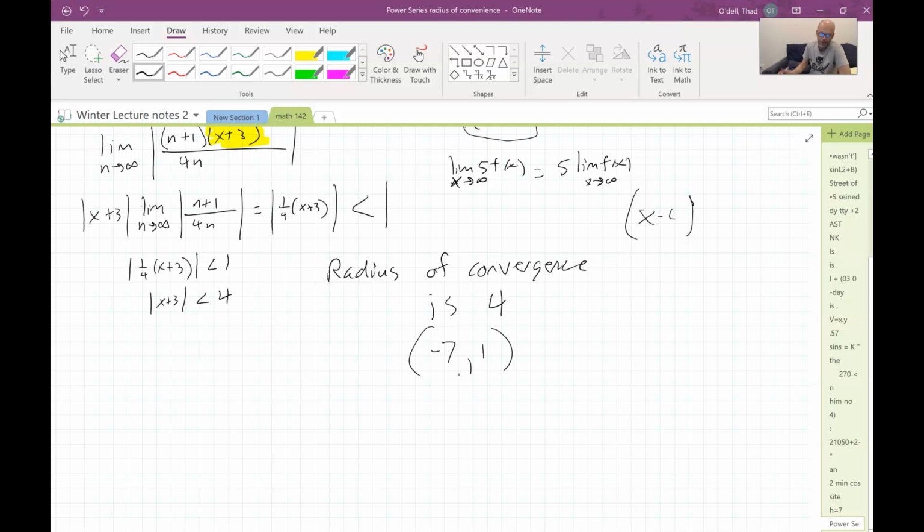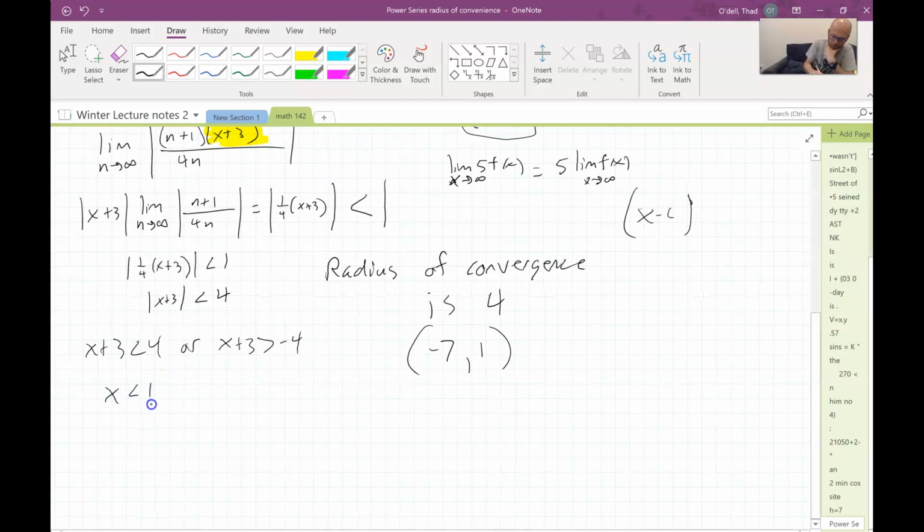Okay? Now, notice if you solve this inequality, you'll get that same answer. Because remember, the way we solve absolute value inequalities is we say that x plus 3 must be less than 4, and x plus 3 must be greater than -4. Those two inequalities come from this one absolute value inequality. If I subtract 3 from both sides, I get x is less than 1.